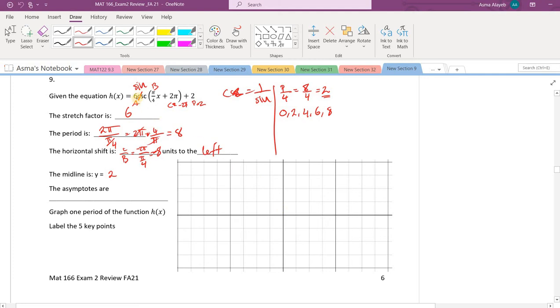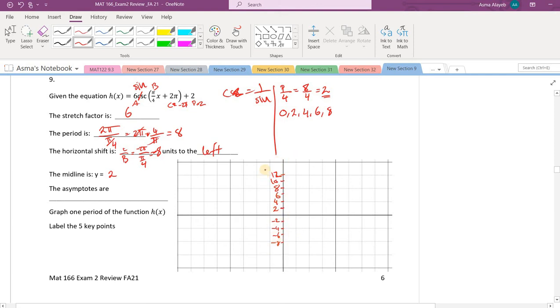Let me go by 2s. So here is 2, 4, 6, 8, 10, 12, and so on. Same for the bottom: negative 2, negative 4, negative 6, negative 8, and so on.